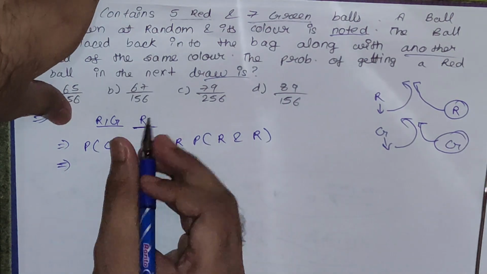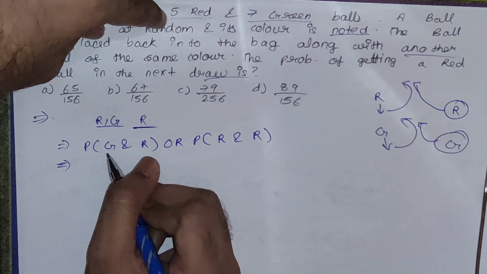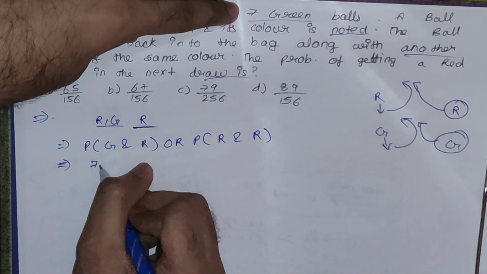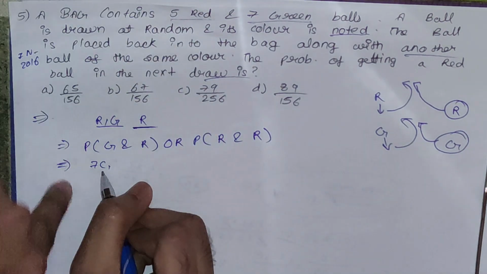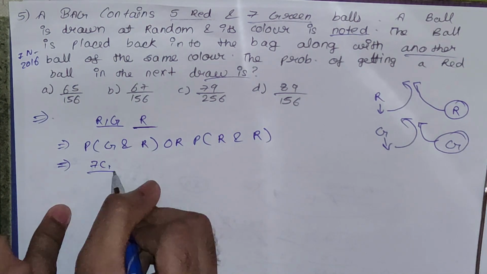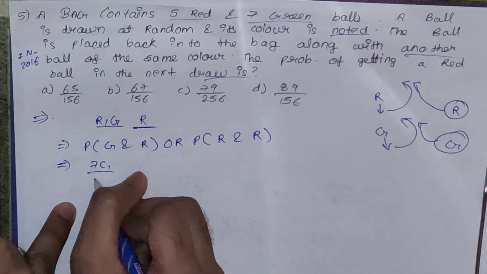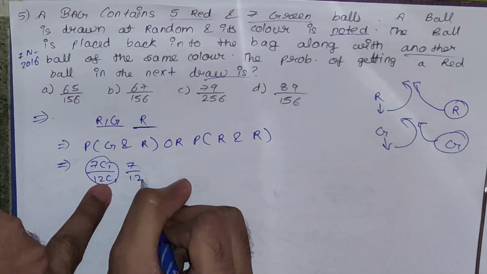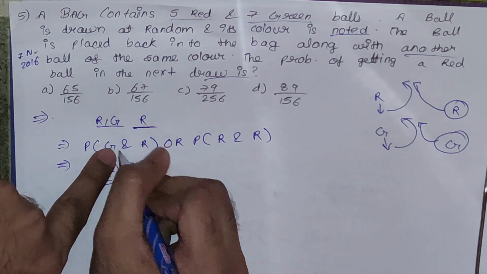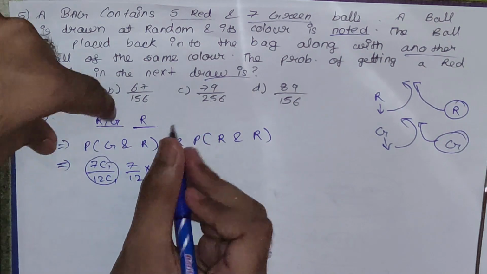If we solve it, we want the probability of green, so green will be 7c1, from 7 green balls we are picking one ball, upon the total number of balls, 12c1. I can write it as 7 by 12 directly. We multiply because we have 'and' in between.